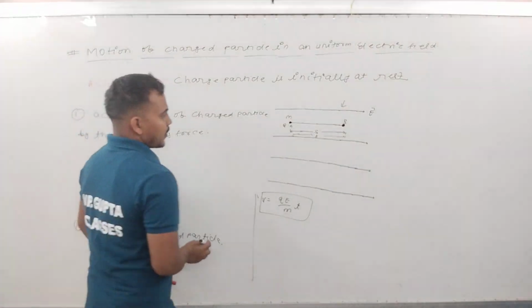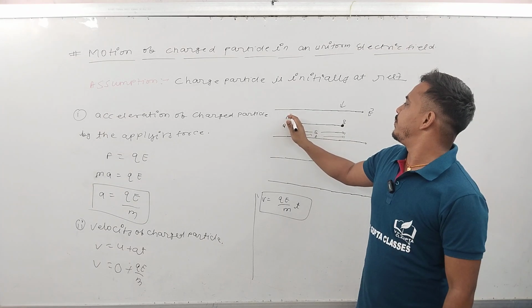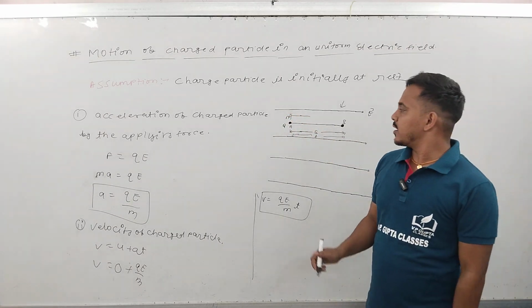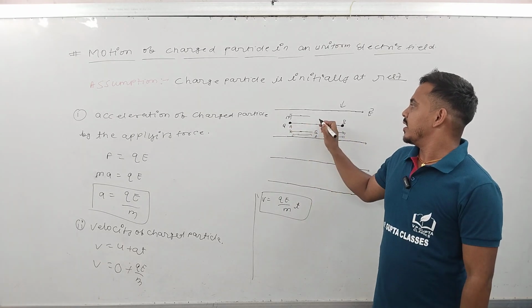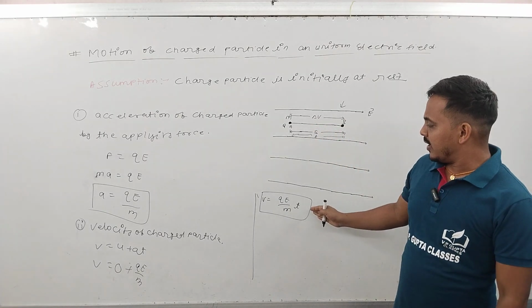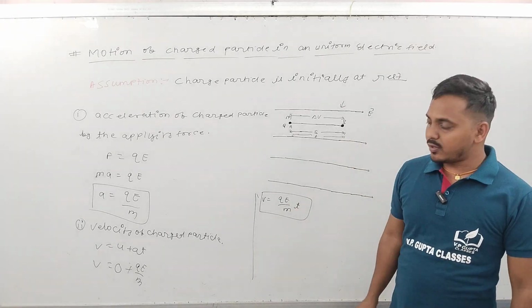If the potential difference between these two points, A and B, is considered as del V, then we eliminate the value of t.